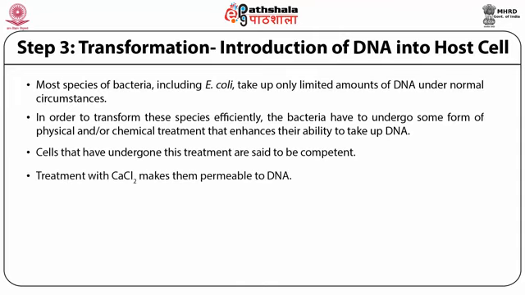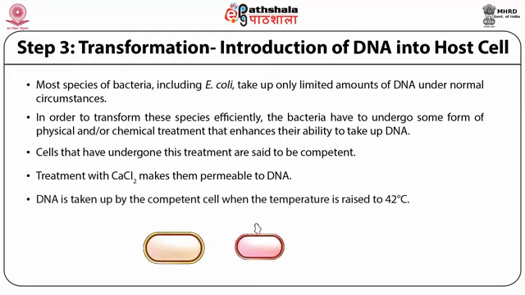Treatment with calcium chloride makes them permeable to DNA, and for transformation, DNA is mixed with these competent bacterial cells. Since the calcium chloride makes the cells competent, the cell wall is made permeable or brittle, and also calcium ions encourage the attachment of DNA plasmid molecules on the cell wall surface.